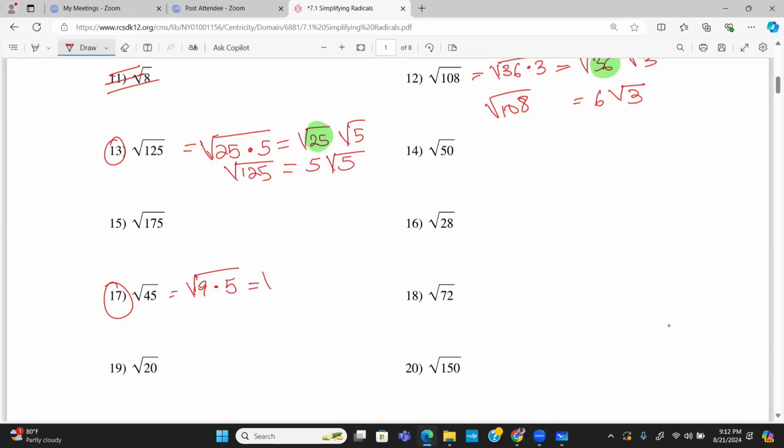From here, we could split this further to the root of 9 times the root of 5. Again, 9 is actually a square number, which means the root of 9 will give me 3, and then 5 is not a square number, I put it back. In conclusion, the root of 45 is equal to 3 root 5.